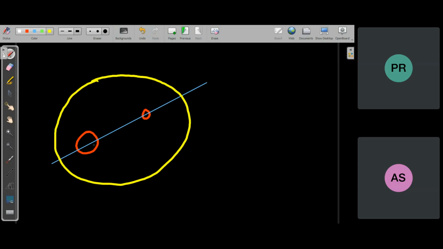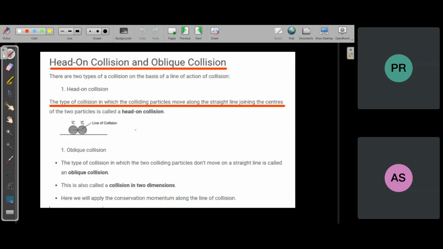So initial velocity and final velocity are all along this line. Does that mean every question is a head-on question, because for every two bodies colliding we can draw a line connecting them?